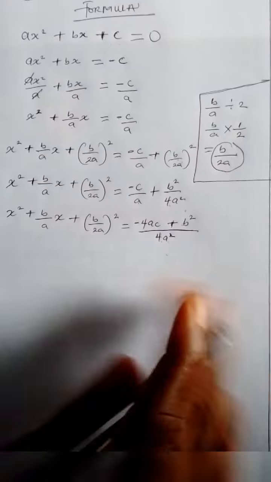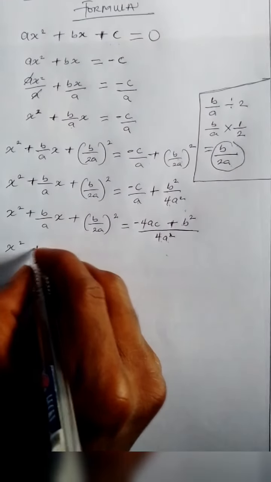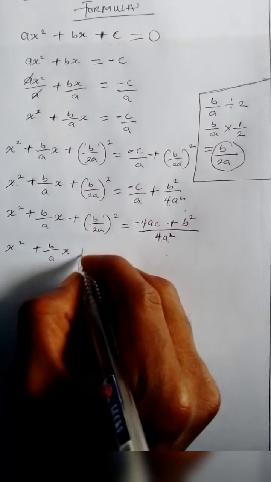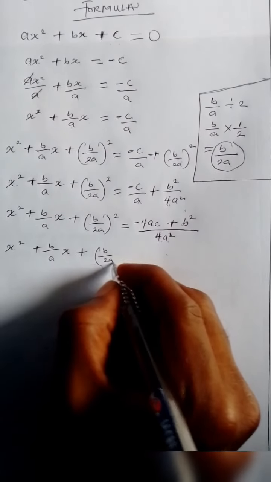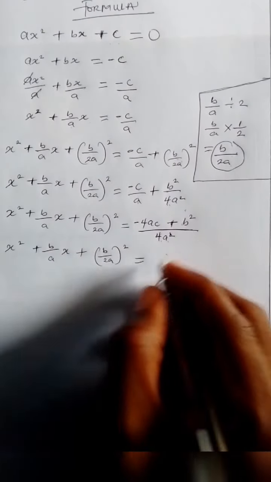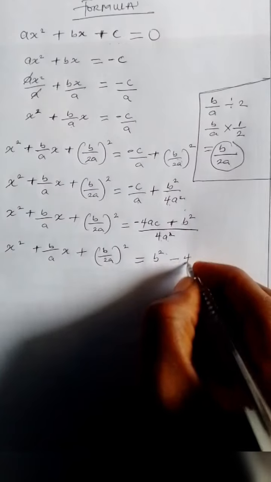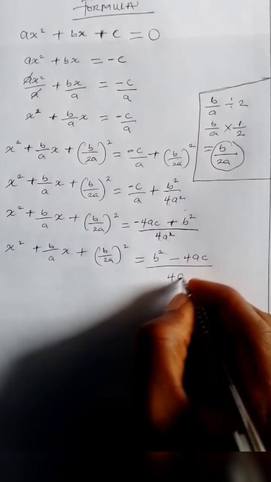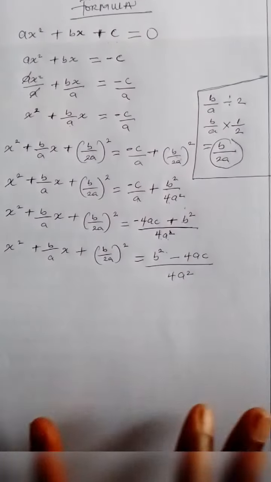So let's rewrite this. x squared plus b over a x plus (b over 2a) all squared, which is equal to b squared minus 4ac over 4a squared.